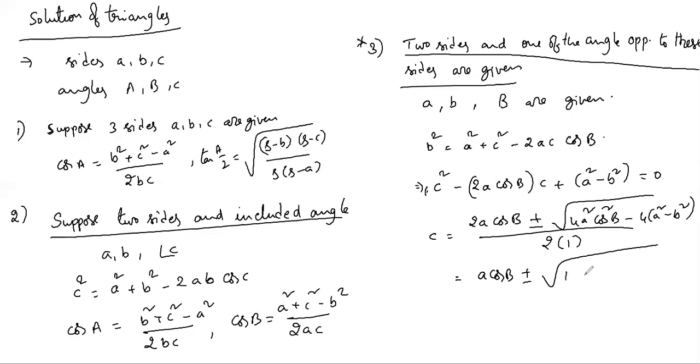Taking a square common, 1 minus cos square B is sin square B. So these are the values of c.